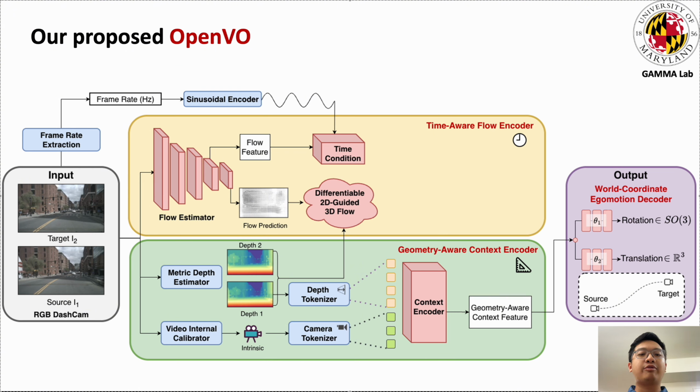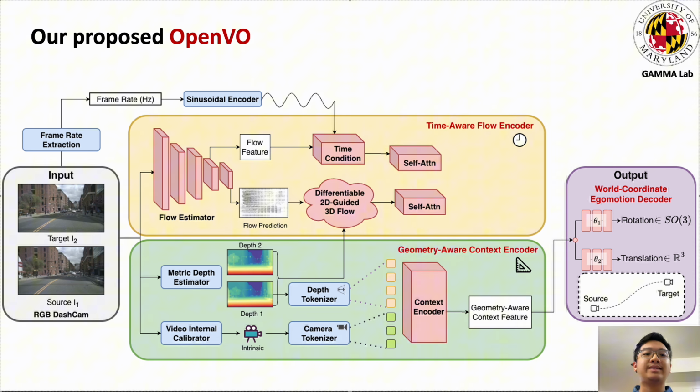This yields a metric 3D motion field aligned with the camera 1 coordinate system, tightly coupling the 2D flow and monocular depth while remaining end-to-end trainable. The adaptive flow feature and the 3D motion field are then each processed by 4 self-attention blocks.